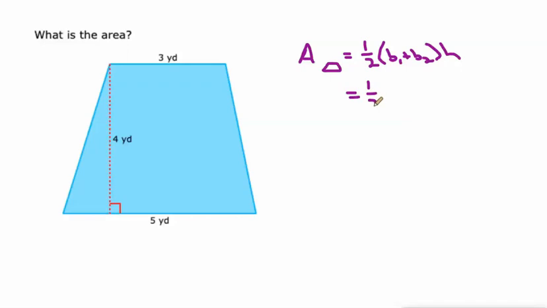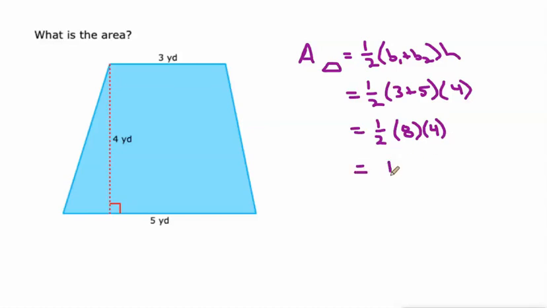So we'll do 1/2 the 3 plus the 5 times the height, which is that 4. All right, or 1/2 of 8 times 4. Well, 8 times 4 is 32, and half of that is 16. So 16 square yards is the area of this trapezoid.